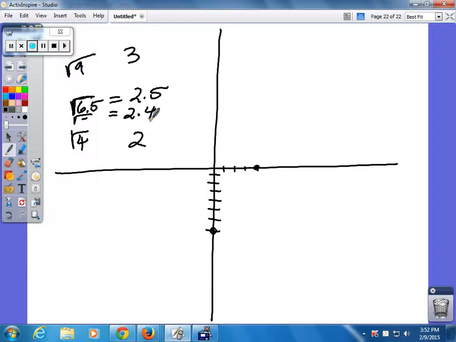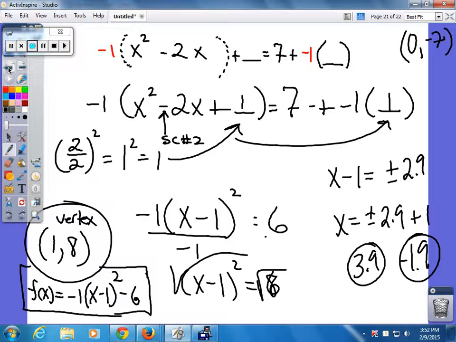You know, check it in your calculator since it knows all. So that's going to be positive or negative 2.4. 2.4 plus 1 is 3.4. And negative 2.4 plus 1 is negative 1.4.